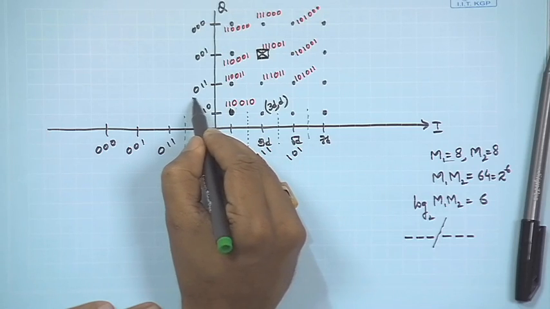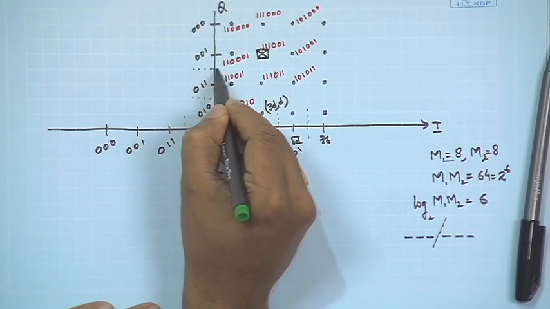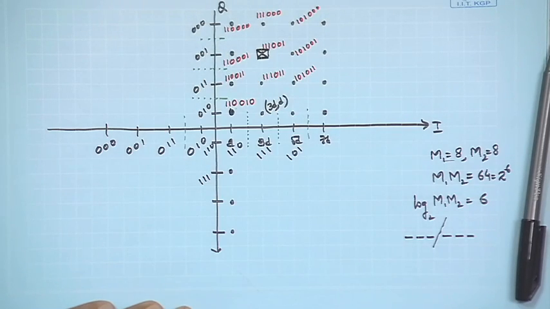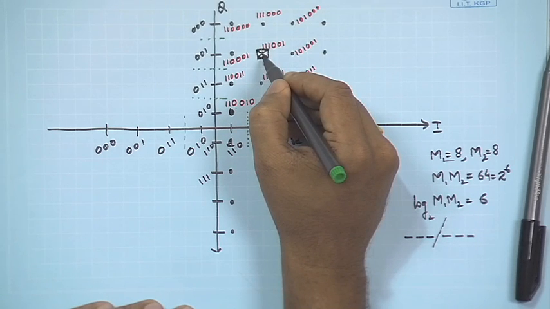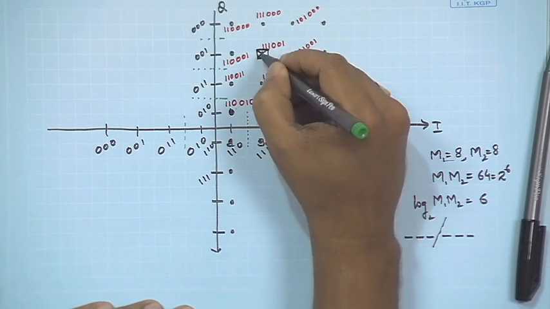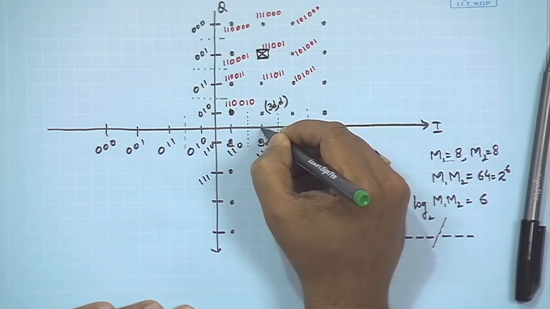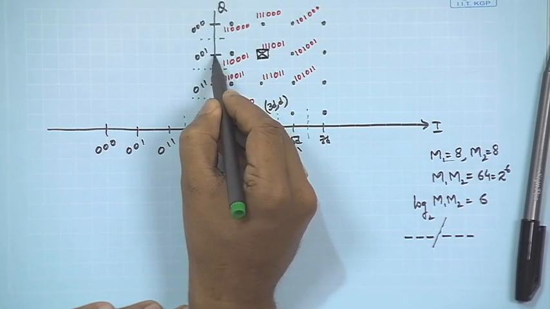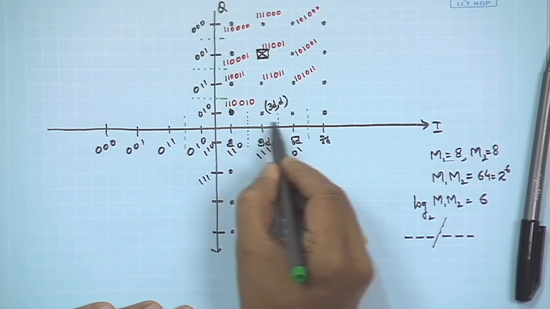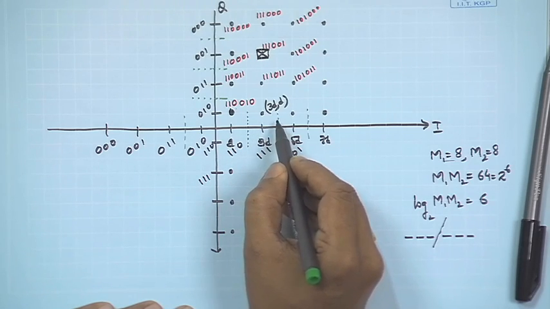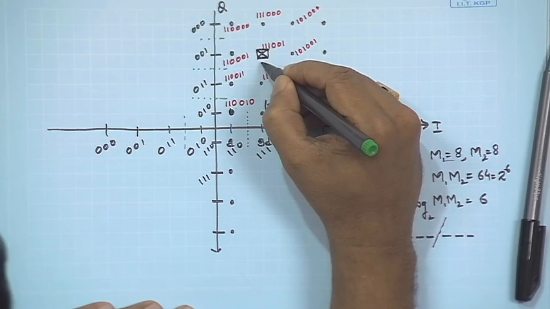Similarly, decision boundaries on the Q channel would be halfway between the amplitude levels. So, if this one is selected, the way to demodulate would be to find the component on the I as well as the component on the Q, and then find in which decision region the I lies and in which decision region the Q lies.